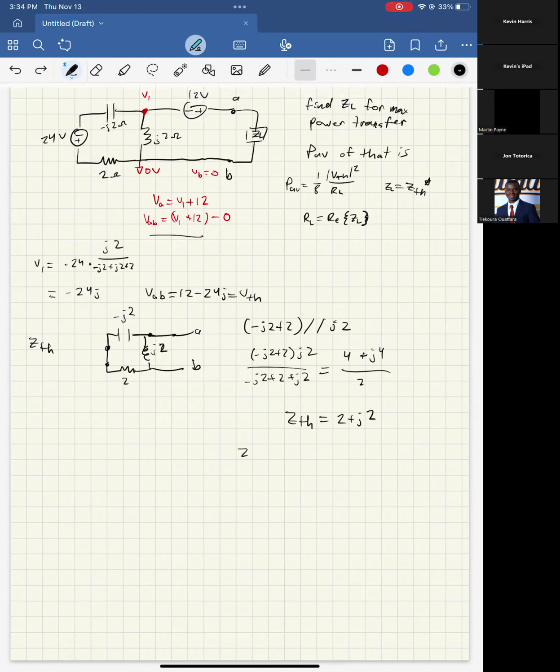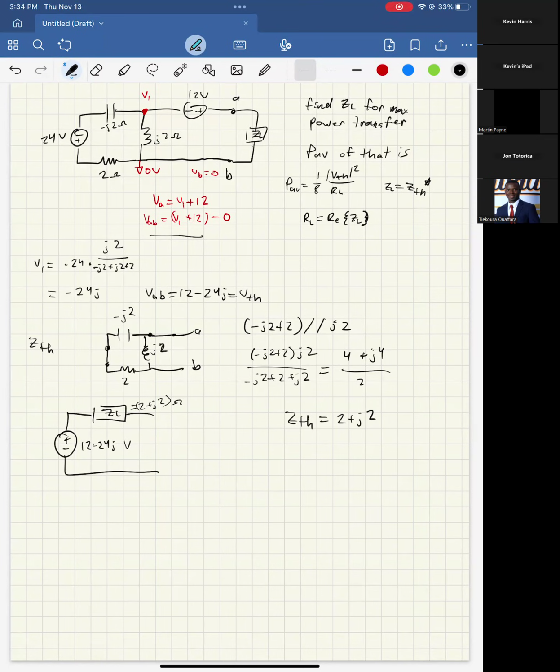Okay, just a quick aside, I will write out what this looks like now with our simplification. So we have our ZTH, which is equal to 2 plus J2 ohms, and our VTH, which is 12 minus 24J volts.